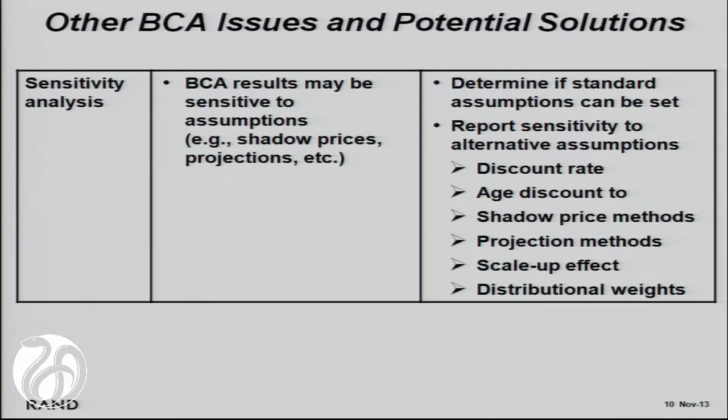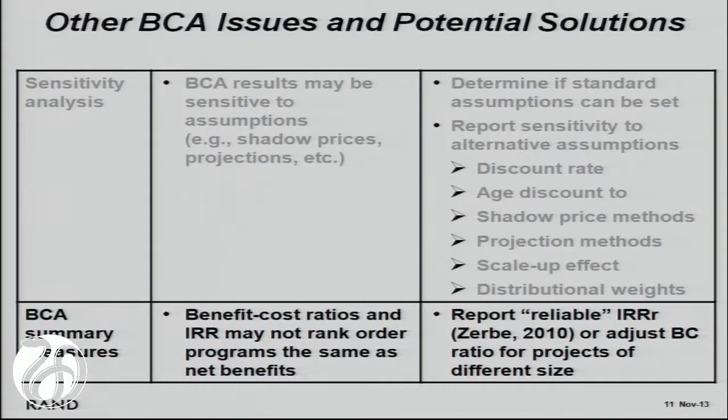We haven't talked so much about scale up, but that's another parameter: assumptions about whether or not effects would be attenuated or maybe even magnified with scale up. And then distributional weights would be another factor, looking at alternative assumptions there and reporting what those results would be.